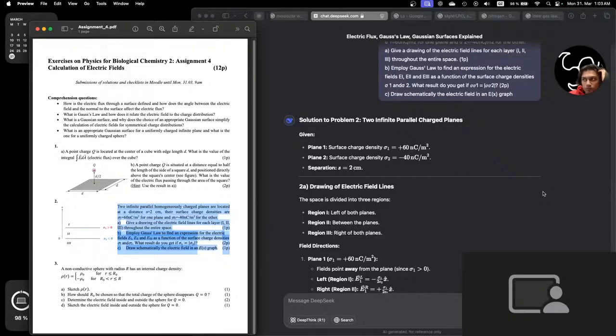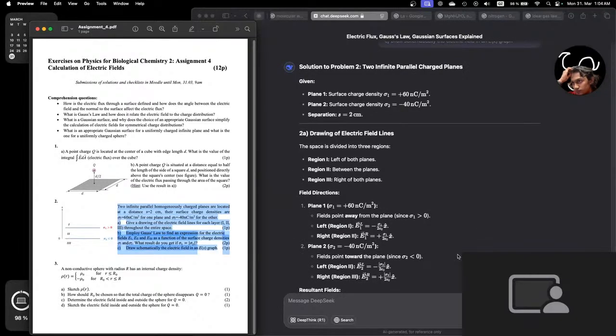Right of both planes, the field points away from the plane as it's positive. Sigma.